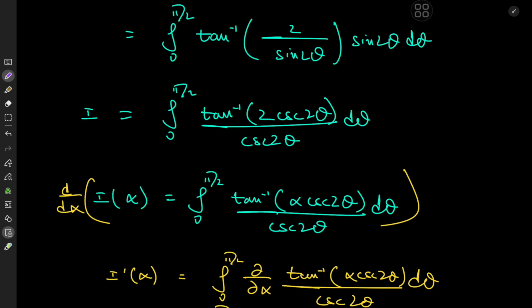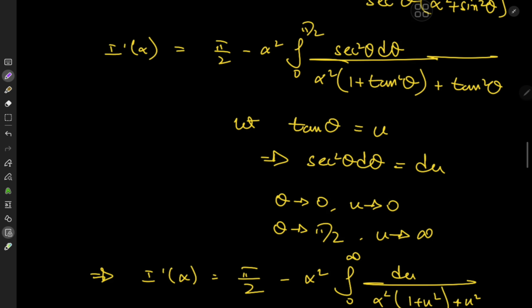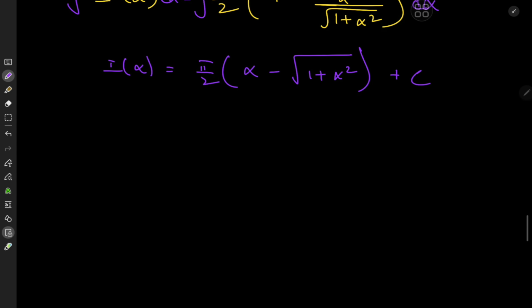So for the case of alpha being 0, notice that we would have the arctangent of 0, and the integrand would collapse to 0. Hence, the integral function evaluated at alpha equal to 0 is 0.